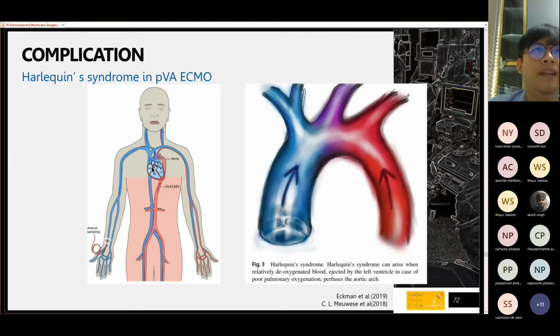So the oxygenated blood is going to go to the upper part of the body.